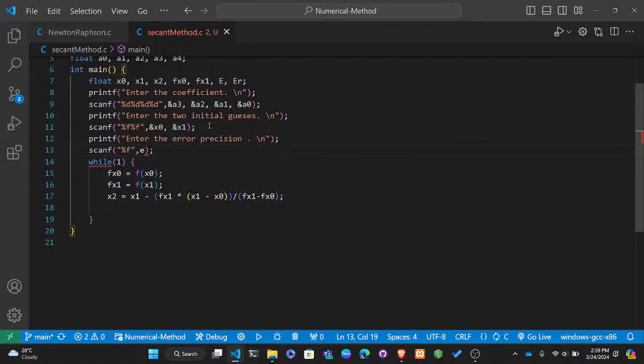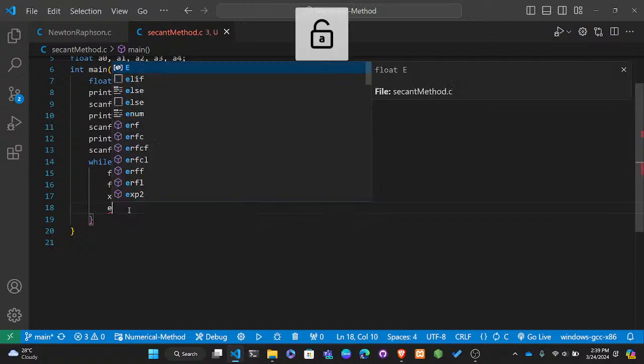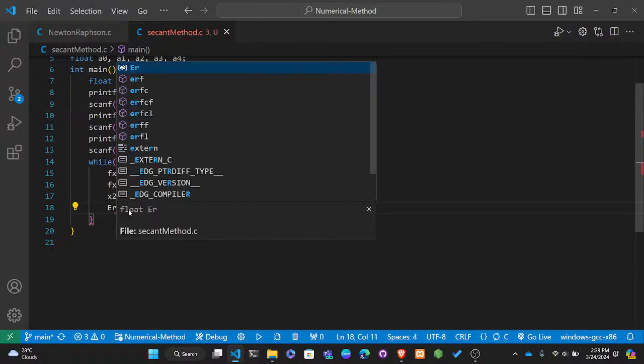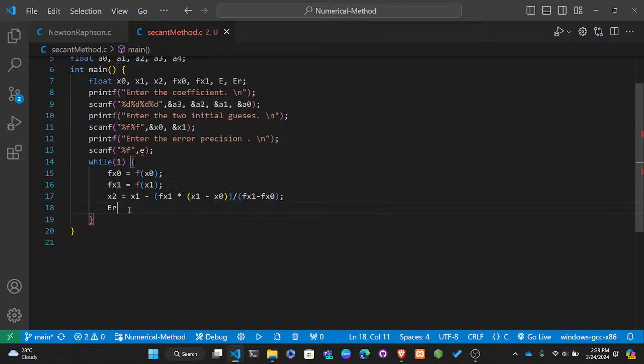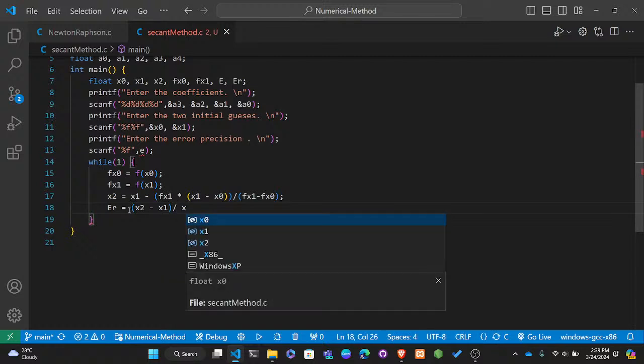Now let's calculate the absolute relative error. The formula will be er = (x2 minus x1) upon x2.